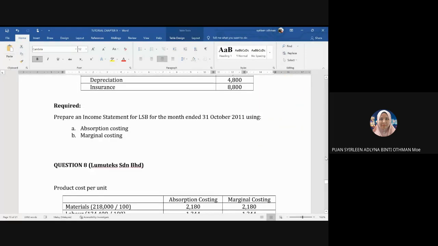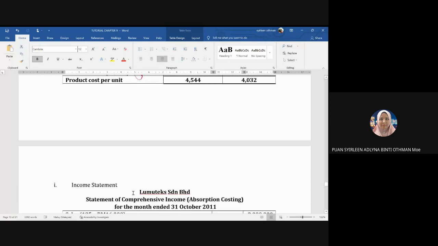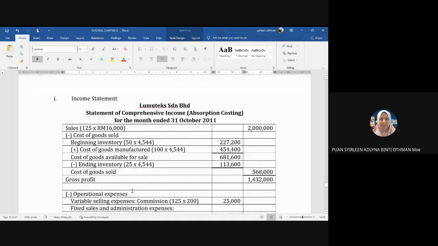Okay, so your cost untuk, nampak semua bagi 100. So untuk assumption is 4,544, untuk marginal is 4,032 ringgit. Okay, so tak perlu buat adjustment for the COGS.